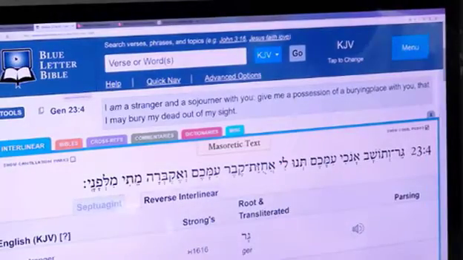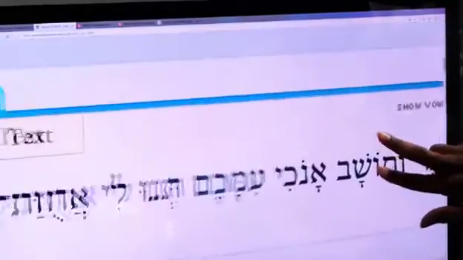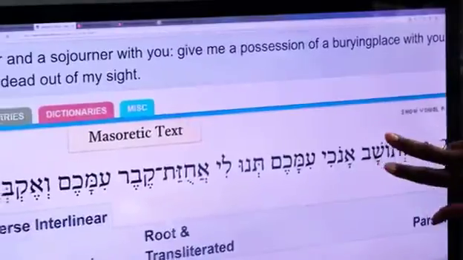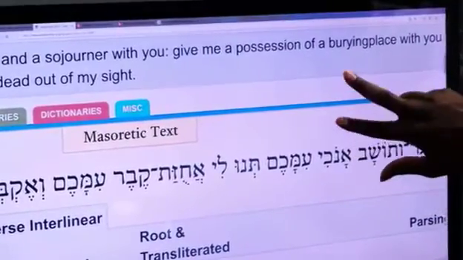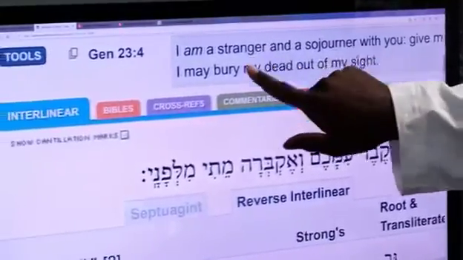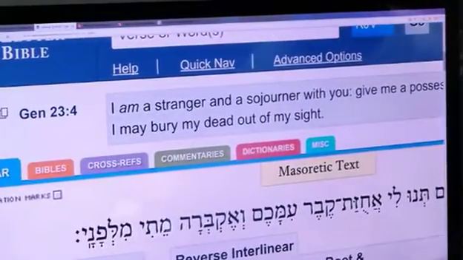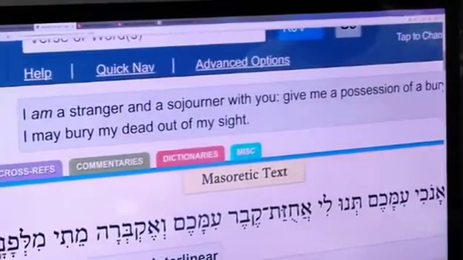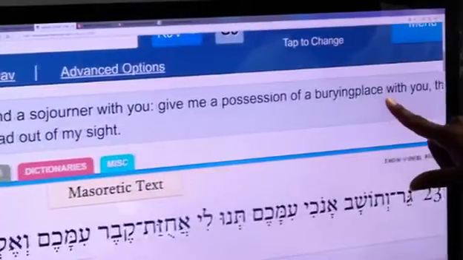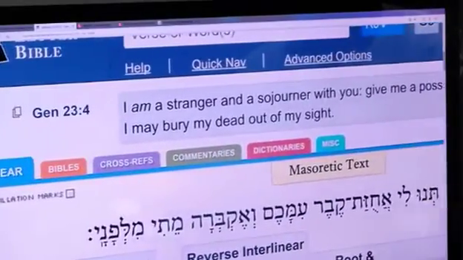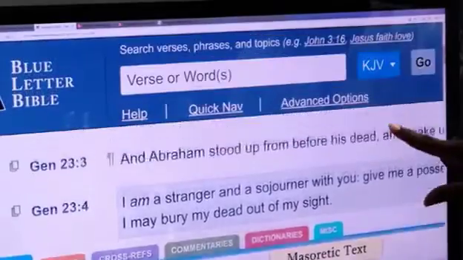So this is coming from Genesis 23:4, where Abraham says, "I am a stranger and a sojourner with you. Give me a possession of a burying place with you, that I may bury my dead out of my sight."